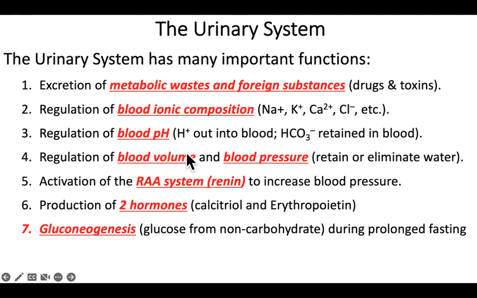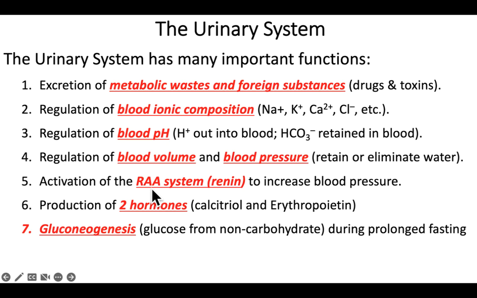Remember, those two are related, right? If you have too much blood volume, you could have a high blood pressure. If you have low blood volume, you could have low blood pressure. So the kidneys can function in blood pressure regulation by retaining or eliminating water and therefore adjusting the blood volume. Another connection to blood pressure is the activation of the RAA system.